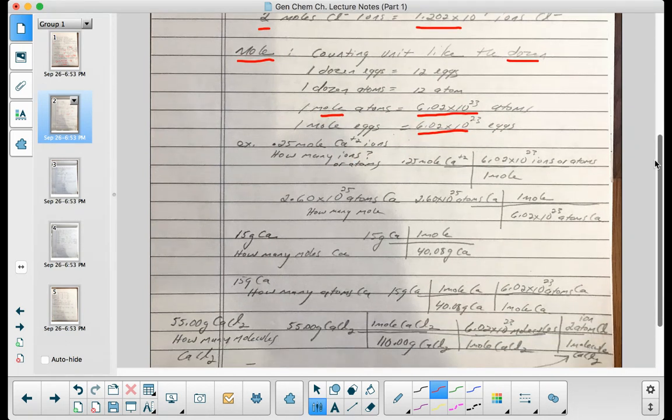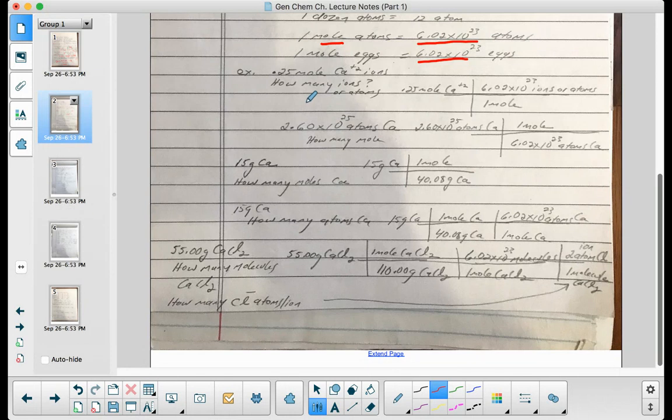So knowing that we can use this counting unit to describe these tiny, tiny particles, let's say that I have 0.25 moles of calcium ions. How many ions is that? Or atoms, I could take it a step further. So if I have 0.25 moles of calcium ions, I use this as my converter in my dimensional analysis, 6.02 times 10 to the 23rd ions or atoms per mole.